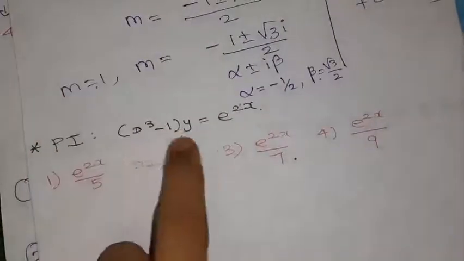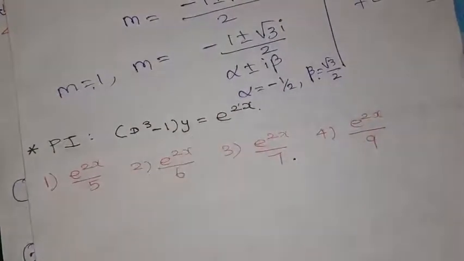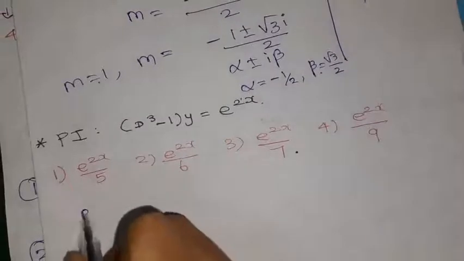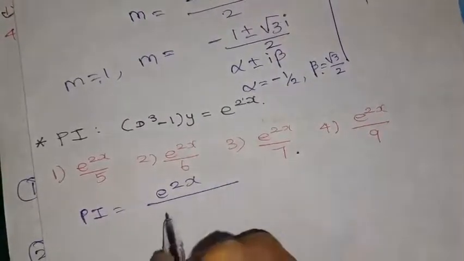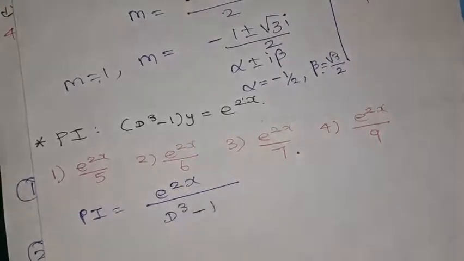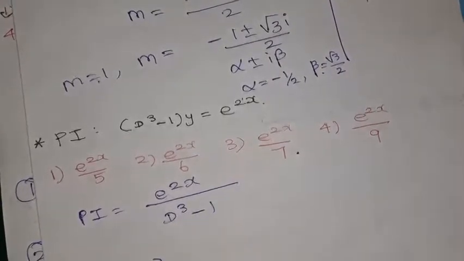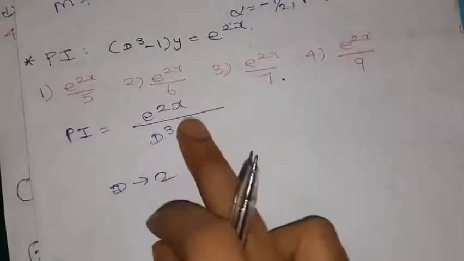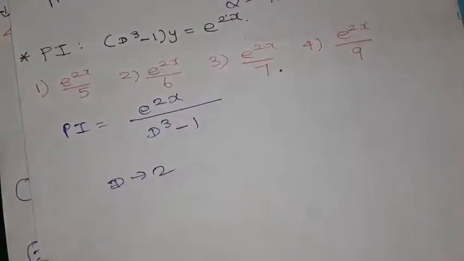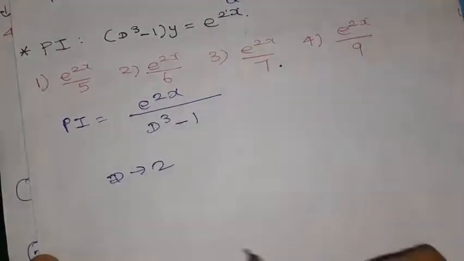So we need to find out the particular integral for this problem. For the particular integral, we should use the RHS, e power 2x divided by D cube minus 1. So just substitute D by 2 here. Whenever an exponential term comes, we should replace D by alpha. Here alpha equal to 2, so D equal to 2.